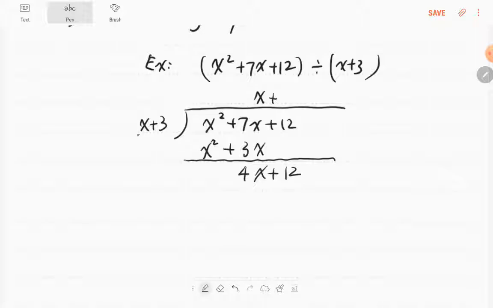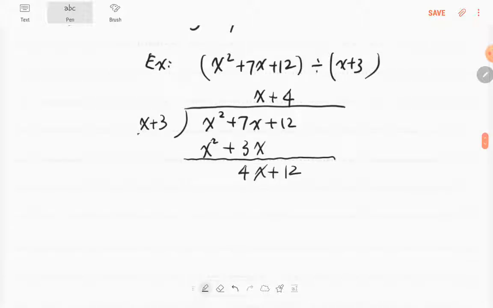So one number times x, we will get 4x. We only focus on the first term here, 4x. So which number times the x will get 4x? Definitely it's a 4, right? So after we put 4 here, we still need to do the multiplication. So 4 times x, we will get 4x.